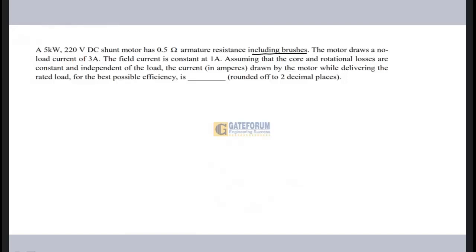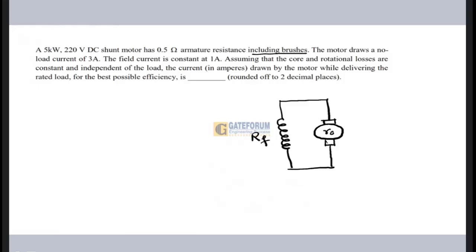Okay, so here what they have given is, first of all, let me draw the shunt excited DC machine. So the shunt excited DC machine would look like this. This is my shunt field winding having shunt field resistance, and this is RA, the armature resistance.